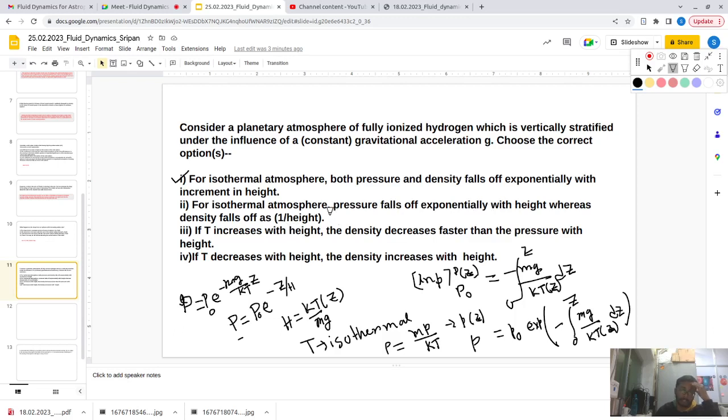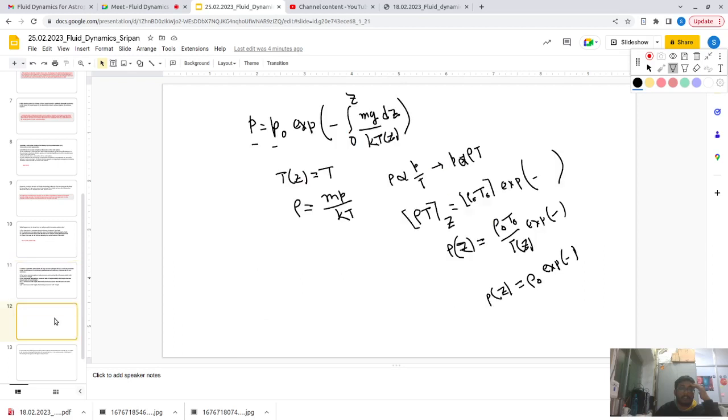This is not correct. The third one is, if T increases with height, the density decreases faster than the pressure with height. So let us look at this. What we have is T increasing with height, right?